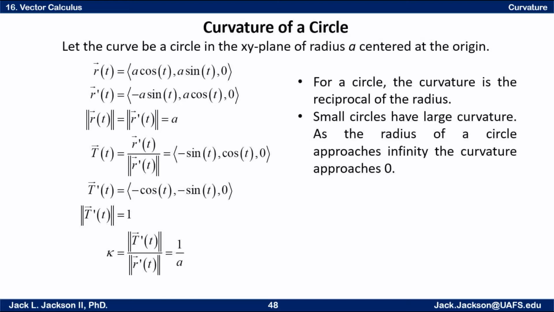r prime then is just, see, the derivative of cosine is minus sine of the same argument, so it's minus a sine of t. The derivative of sine of t is cosine t, so that's a cosine of t for the second component and 0 for the third component. Notice that the norm of r and the norm of r prime are both a.